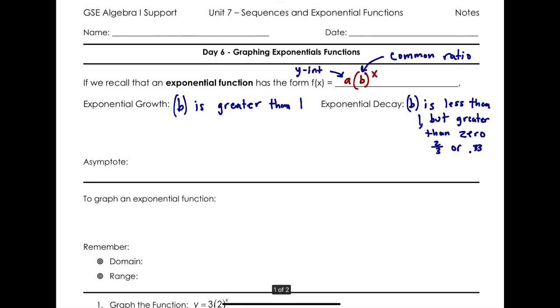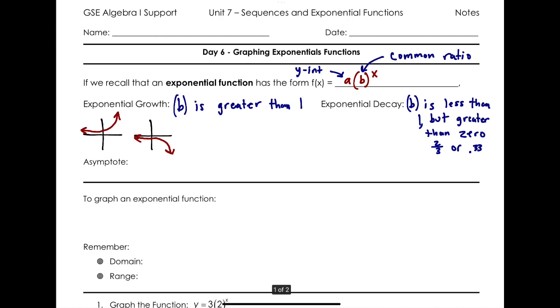So graphically, we talked about this a little bit, but we left off one part that I'll add in today. If we look at this from left to right, that's going up, right? But if you look at it from this perspective, you might think this is going down, but it's not. It has to be moving away from the x-axis.